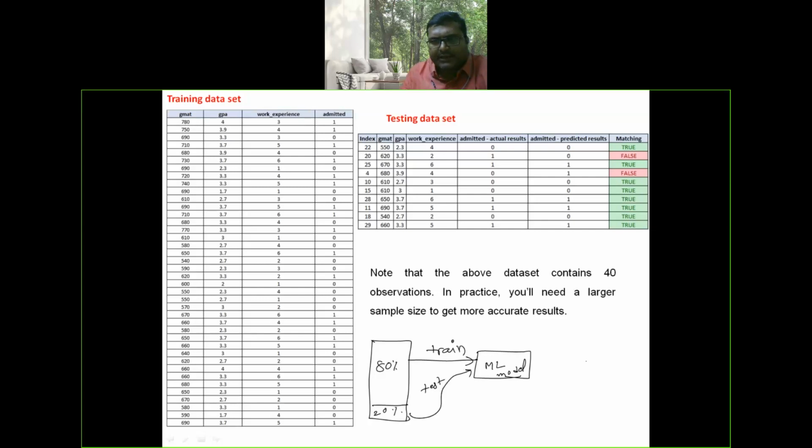Based on the machine learning model accuracy, this particular model will be employed. That is, if the accuracy of this particular model is high, then we can deploy this particular machine learning model. If the accuracy is less, then we have to adapt other process.